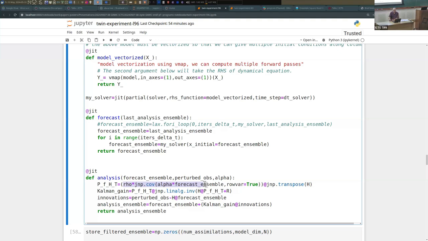That is, if you expect in physical space the correlation between variables at physically distant locations to be zero, you set them to zero. Inflation was this mathematical understanding of why the ensemble is collapsing and becoming very, very small variances. You want them to inflate.